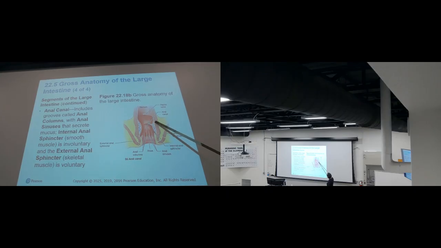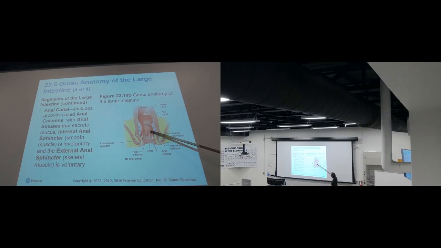So this epithelium that was simple columnar, now below these anal sinuses, we will have the same epithelium that we have in the skin, which is a stratified squamous epithelium with keratin. And then here we have the internal anal sphincter, and this will be the external anal sphincter and the levator ani muscles.